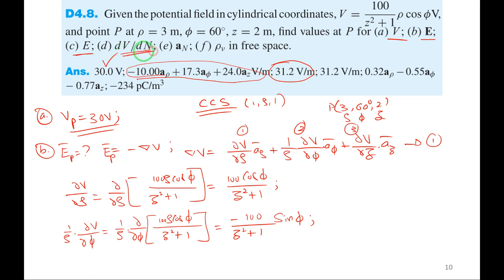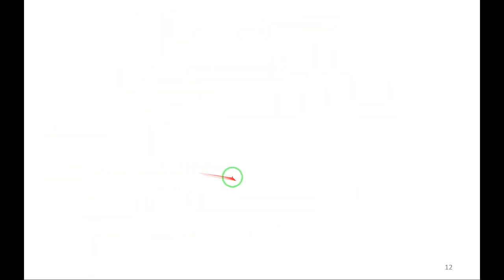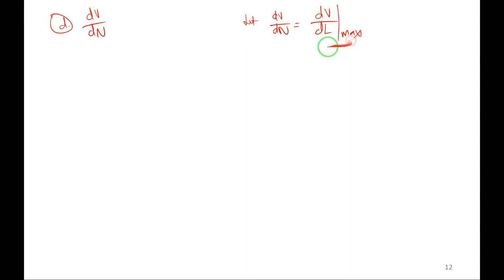Next, there was dV by dN. So how to calculate this? In the derivation, if you remember, we have assumed let dV by dl max is equal to dV by dN. Then what is this? This is equal to E, right?